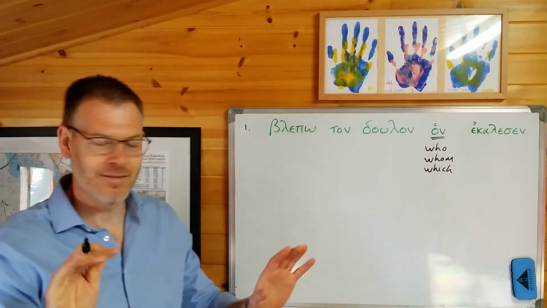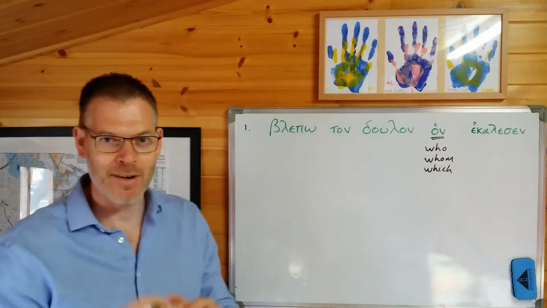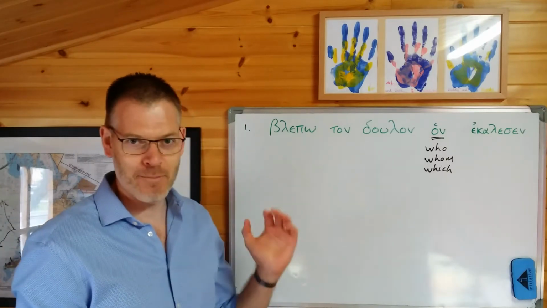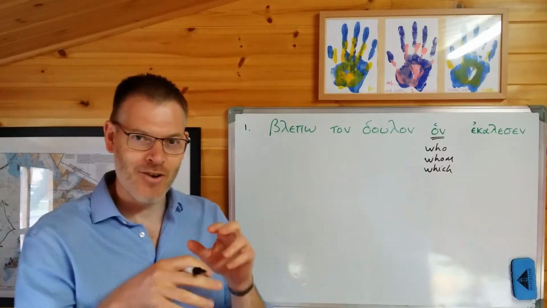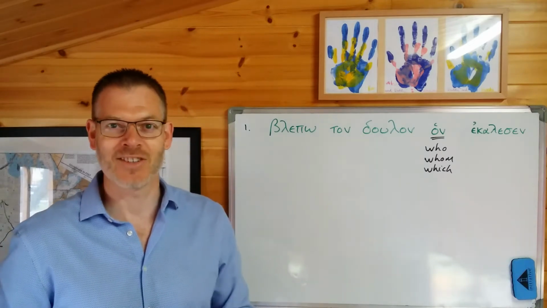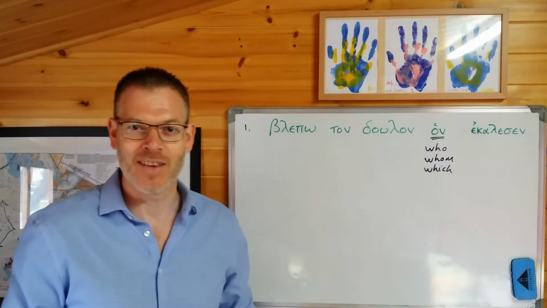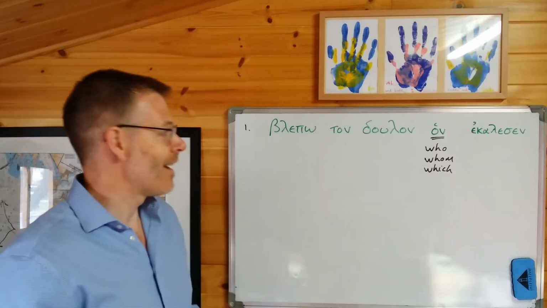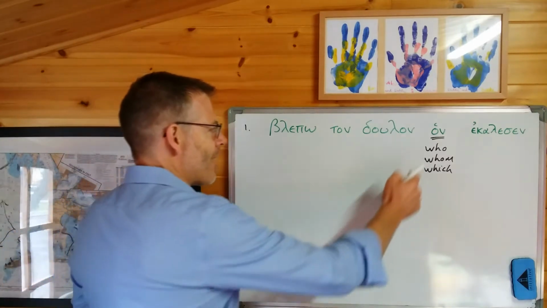Just write that down underneath it like that. And I hope you're in the habit of working out your examples like this on paper so that you're able to see how you're interacting with the language. It will take you longer the first time, but you're much more likely to get it right, and it will save you the second, third, fourth, fifth time of getting it wrong the first half dozen times, because you'll get it right first time. Just write down who, whom, which.